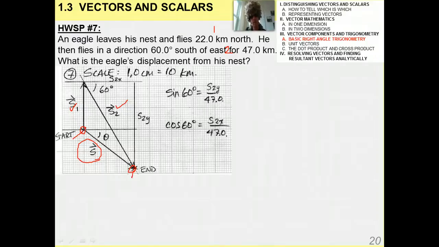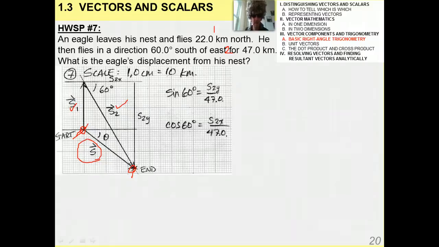So in other words, the length of S is going to be between 22 kilometers and 47 kilometers long. And this angle looks to me like it's maybe around 45 degrees or something. I don't even know what that would be, okay? But it looks like it should be between 0 and 90, maybe a little less than 45 degrees, okay? So let's see. A couple of things that we notice here, okay?